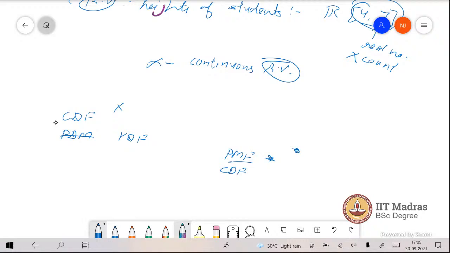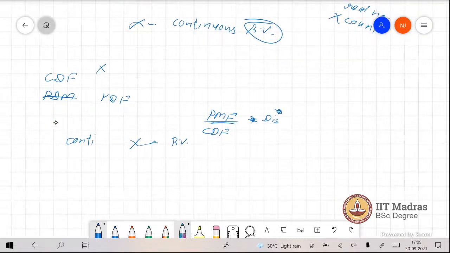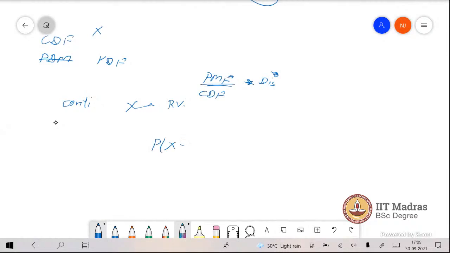This is your PMF for the discrete random variable. But in the case of a continuous random variable x, the probability that x will take any particular value is always 0, right?